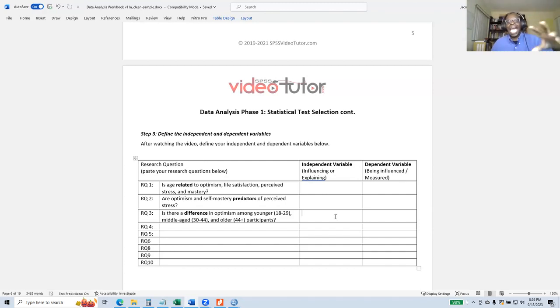We're not looking at optimism scores on a test to influence what a person's age is. We are thinking that age is going to impact optimism. So we're going to say age here, and then optimism scores over here. Okay. If that makes sense, type in a 1. If it doesn't make sense, type in a 0.